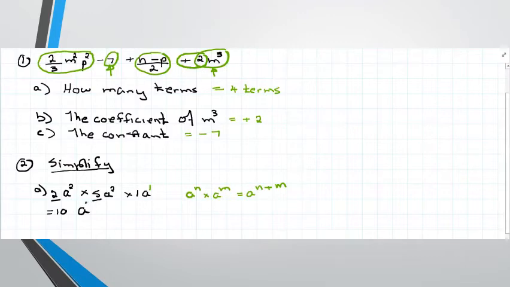So it's going to become 2 plus that 2 down there plus that 1 down there. So I'm going to have an answer of 10a to the power of 2 plus 2 plus 1, which gives me a value of 5. And all that was by just recognizing one equation.